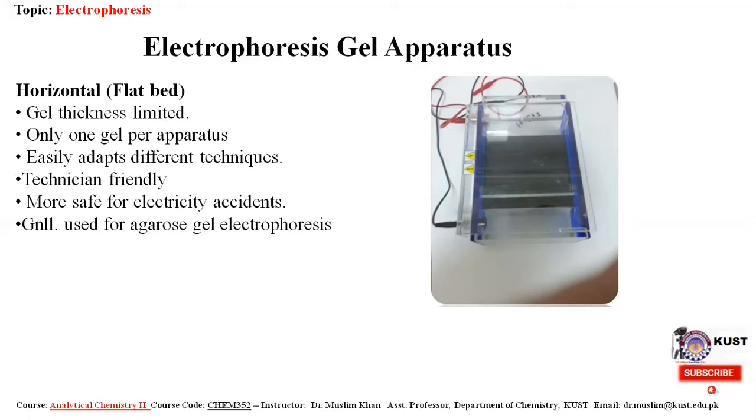It is easily adapted to different techniques, and it is very technician friendly, meaning a technician can easily repair it. It is safer for electrical accidents, and is generally used for the agarose gel electrophoresis technique.